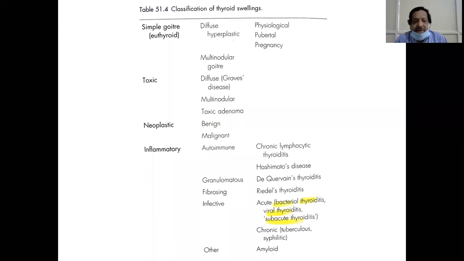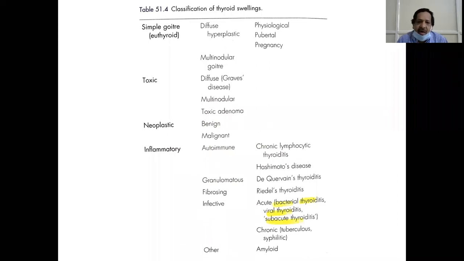Till now we have seen euthyroid or simple goiter. Now toxic goiter: it is diffuse primary thyrotoxicosis or Graves' disease, again common in young age. Multinodular toxic goiter: what happens in a multinodular goiter? Around 30% of cases may take a toxic turn.